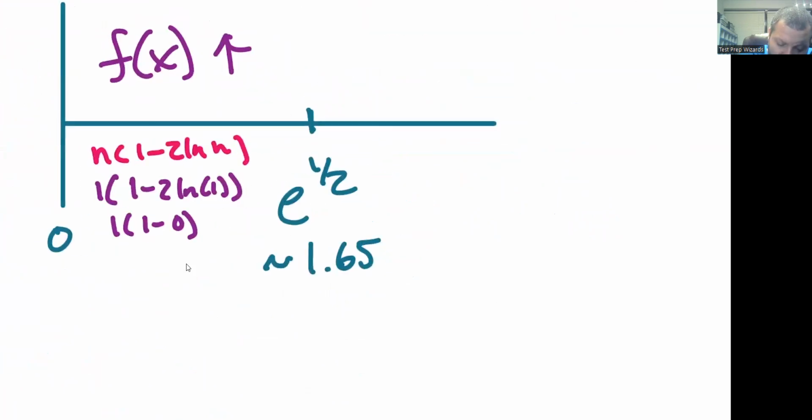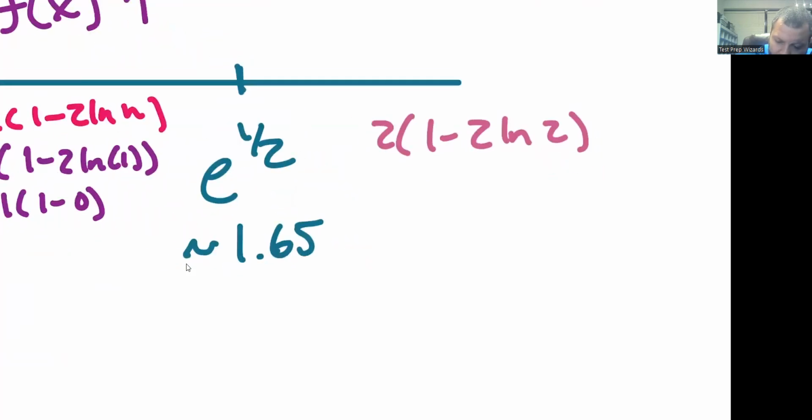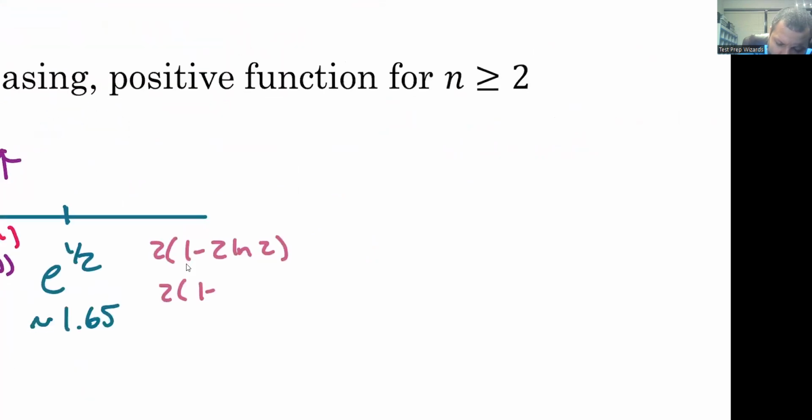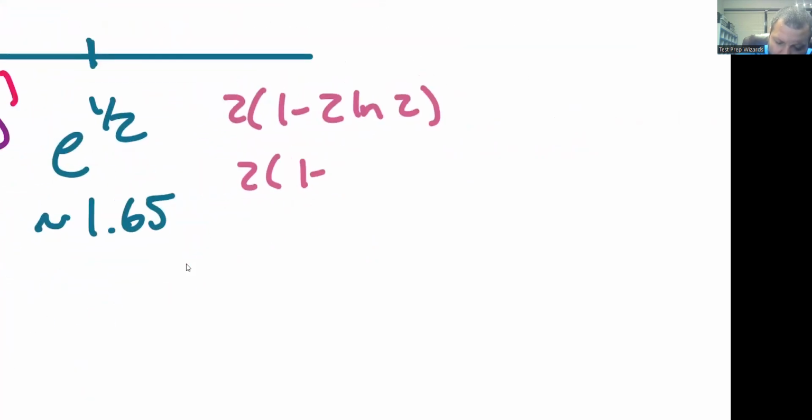If I picked some value of n that's greater than that, like 2, right? So if I had 2, 1 minus 2 natural log of 2. So the natural log of 2 is about 0.6931.